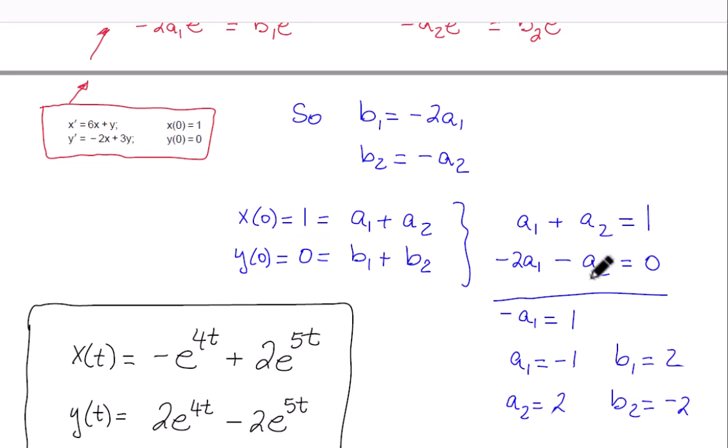The A2's go away. You get A1 is minus 1, A2 is 2. Now what's B1? B1 is minus 2 times A1, and since A2 is 2, then B2 is minus 2, and we finally get our solution to the problem.